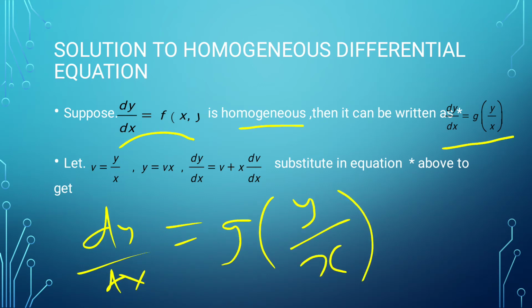So if it's a first order homogeneous equation, it can be in that form. What you need to do is let whatever is in the bracket of the function g, y over x, be equal to v, and rearranging, y is equal to vx.